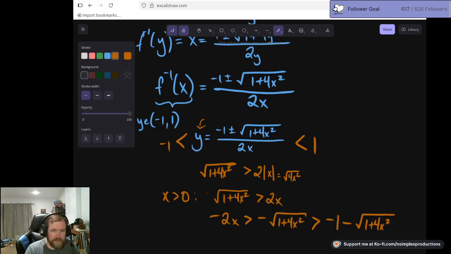If we divide by 2x, the positive one, because again x is positive, we get -1 greater than -1 minus root 1 plus 4x squared all over 2x.